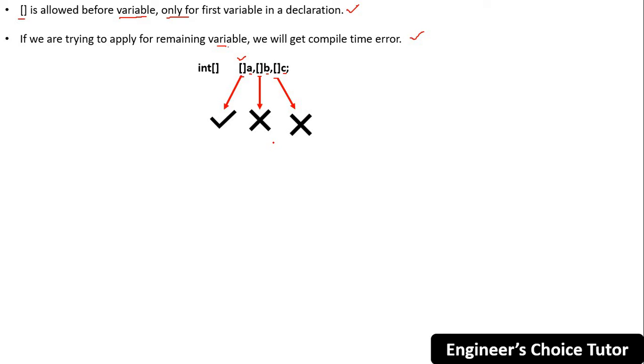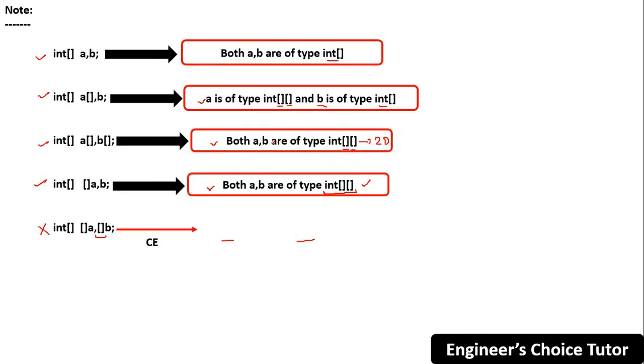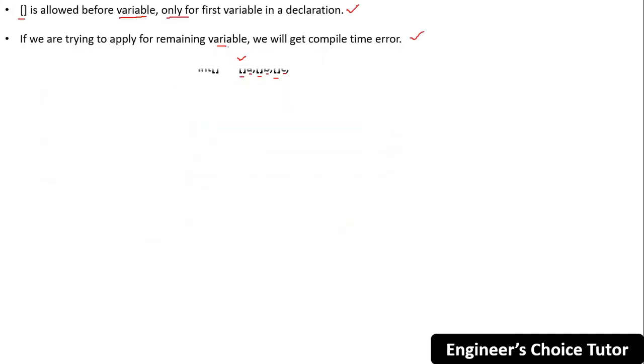Is it clear? So this is the reason we get a compile time error here. For the first variable it is fine, but in the second variable case also the square bracket is present. That is the reason you are getting a compile time error. Remember this point.